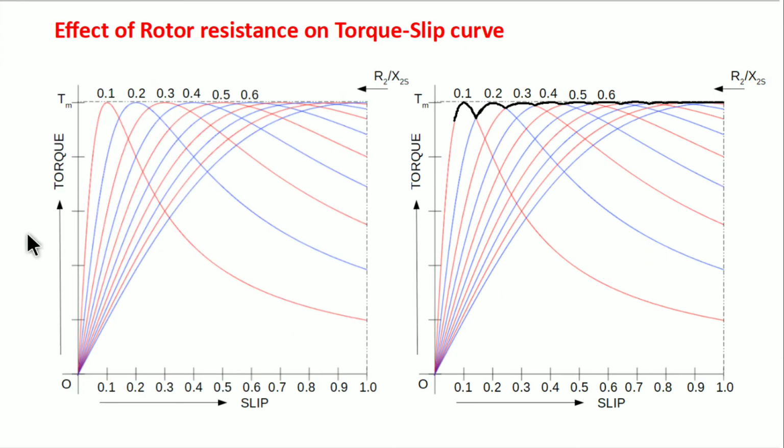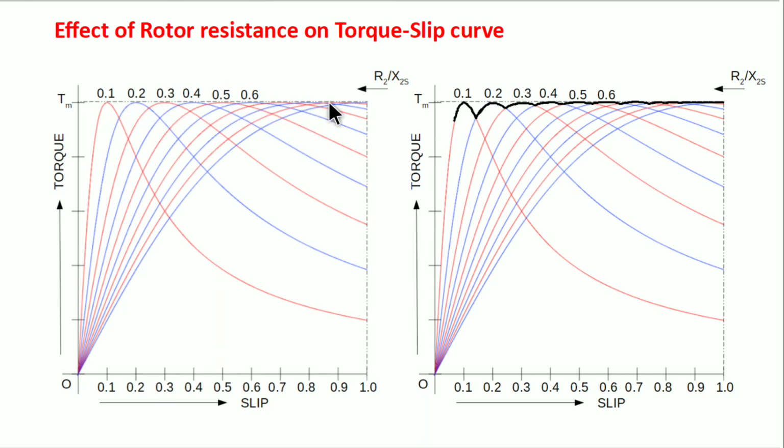Here in this diagram I have taken 0.1, 0.2, 0.3, 0.4 and so on up to 1 positions of the resistance. Resistance varies from 0.1 to 1 here, and if we have the reactance value 1, then the ratio is also the same, 0.1 by 1, 0.2 by 1, 0.3 by 1 and so on.